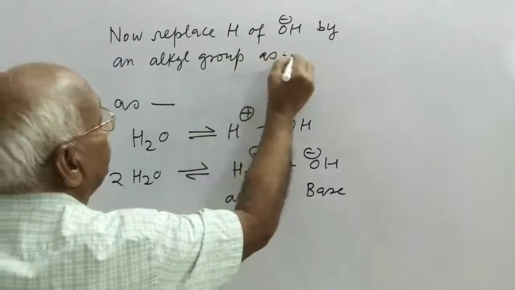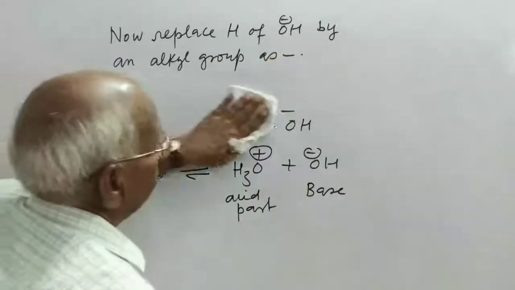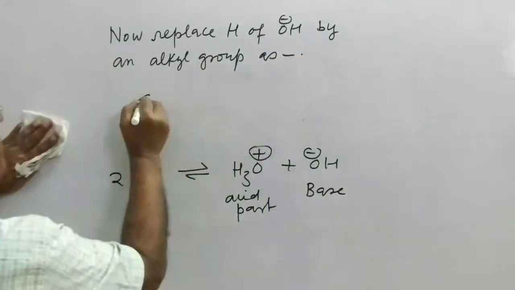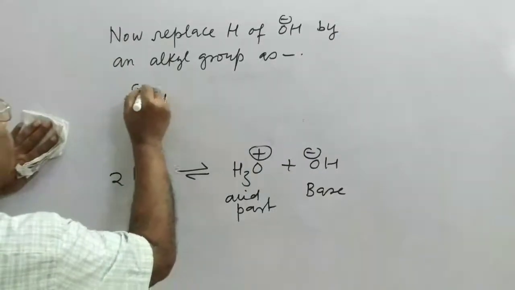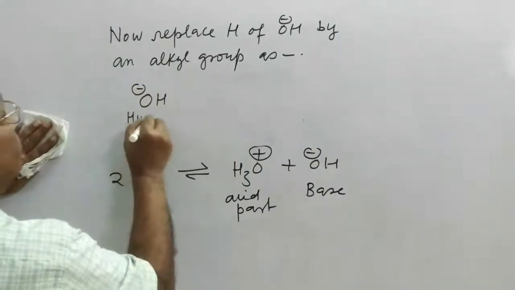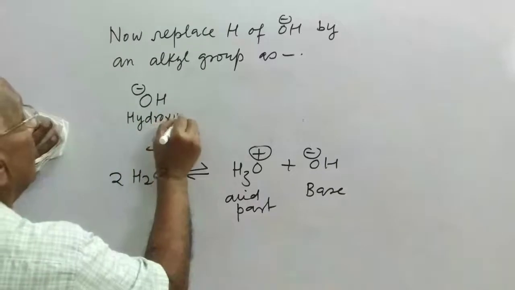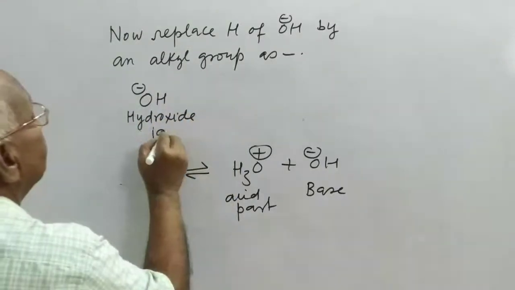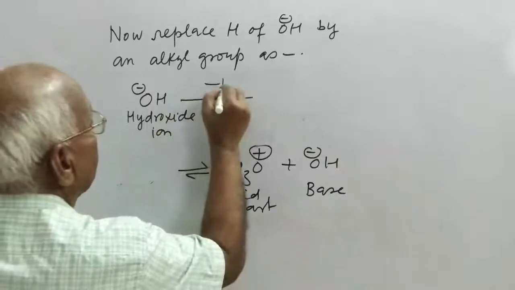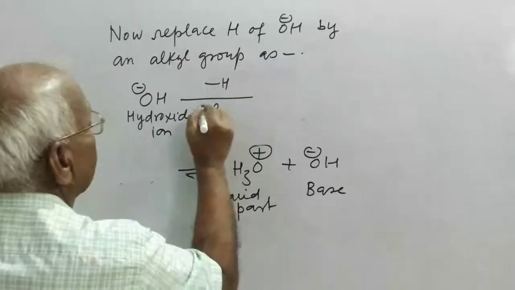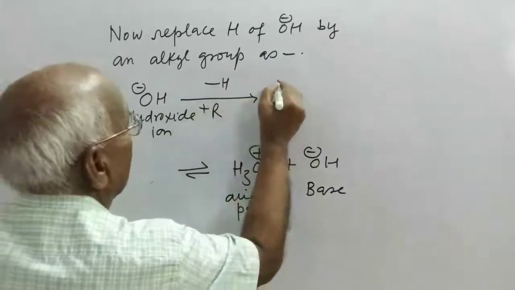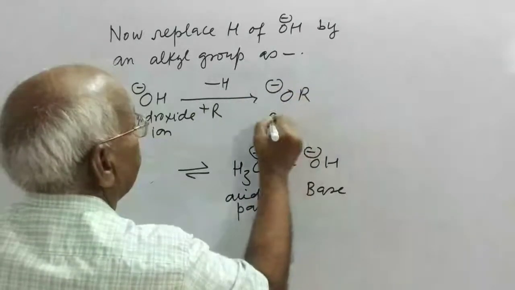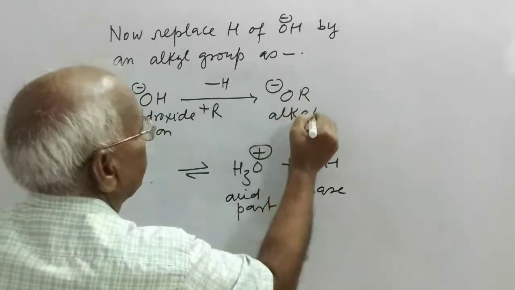This is hydroxide ion. Hydroxide ion is a base. Replacing the hydrogen by an alkyl group, we get alkoxide ion.